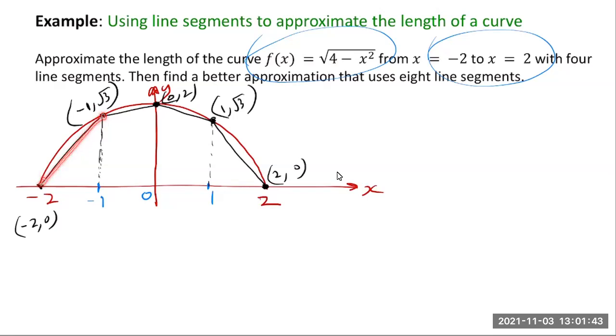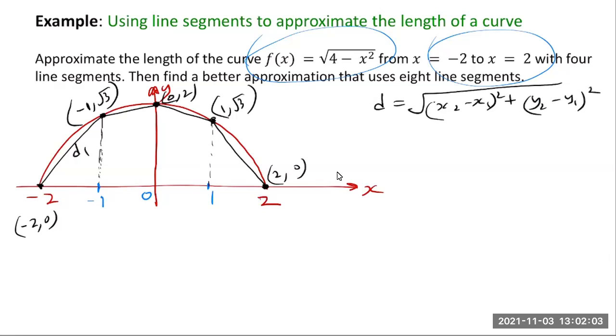Now, as you can see, we can find the length of these line segments because we know the endpoints. We can find the length of this segment using these 2 points, using the distance formula. Remember, the distance formula is d equals square root of (x2 minus x1) squared plus (y2 minus y1) squared.